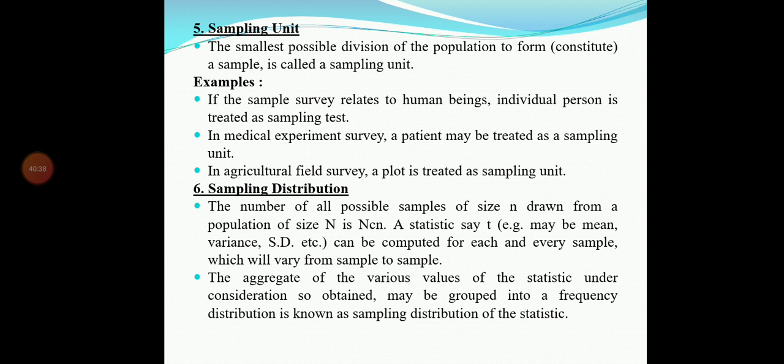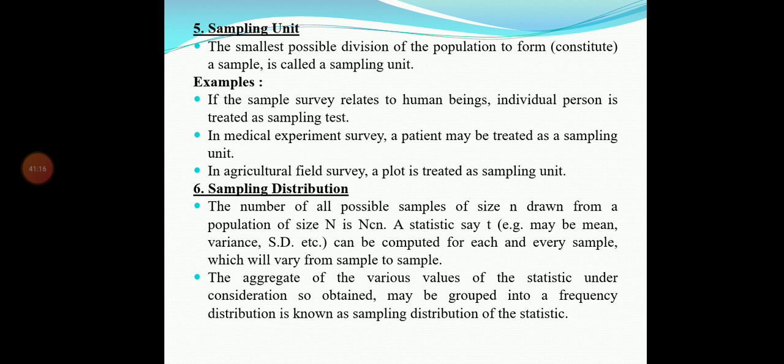For example, if there are 5 units in the population and you want to draw 2 units in the sample, the possible number of samples is 5C2. That is the formula. So 5C2 is 5 into 4 divided by 2 into 1, so it is 10. There are 10 possible samples.